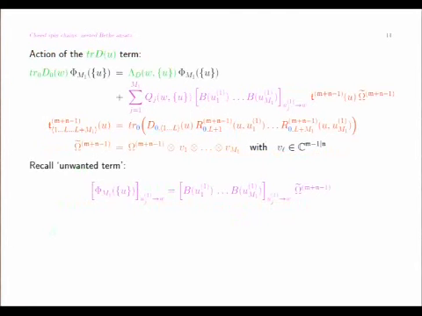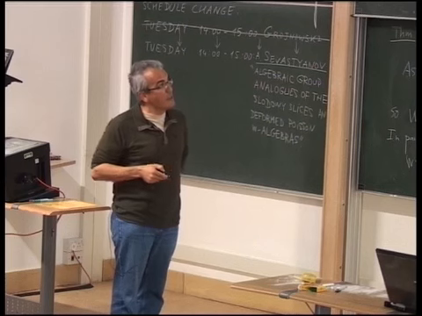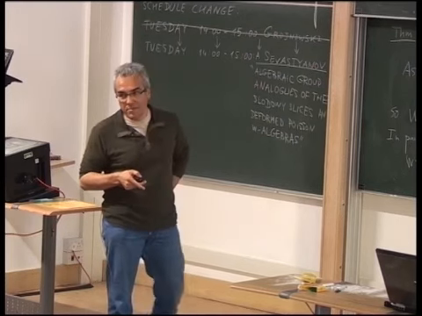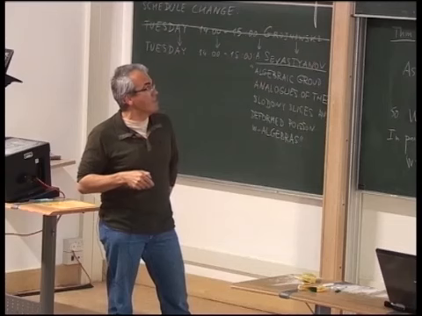However, if you look at the action of the trace of D term, then you have a term which is like the eigenvector, but here you have something which looks like an unwanted term, except that now you have this part, and in this part you can recognize the transfer matrix of a new chain, which is built from D and from R matrices of the algebra of rank m plus n minus 1.